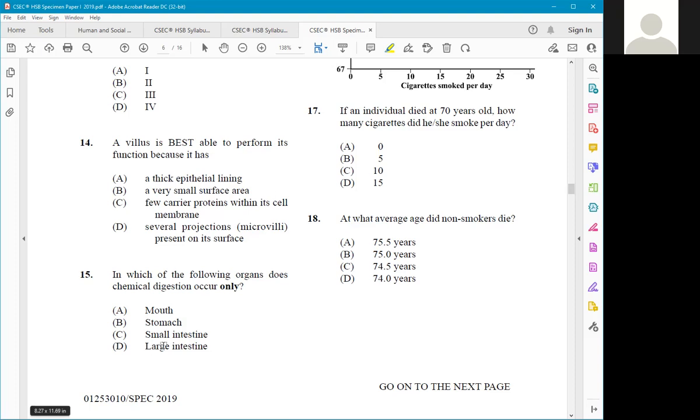The large intestines is out also, because no digestion takes place there. In the small intestines, you don't have that churning motion for the digestion. All the food in the small intestines has already been liquefied, and most of it is being absorbed. You have some chemical digestion taking place there, of course, in the duodenum, but you don't have that kind of movement. So the correct answer would be C.